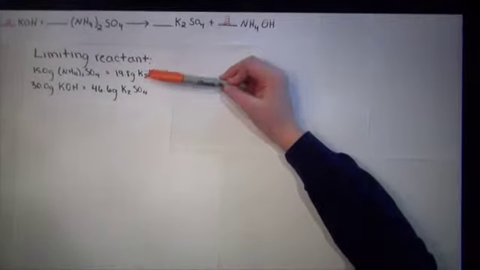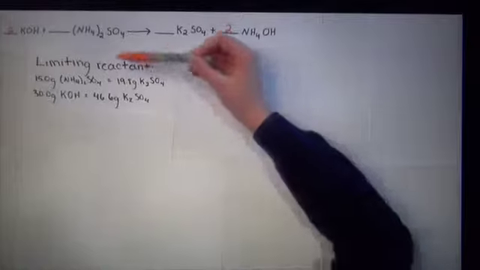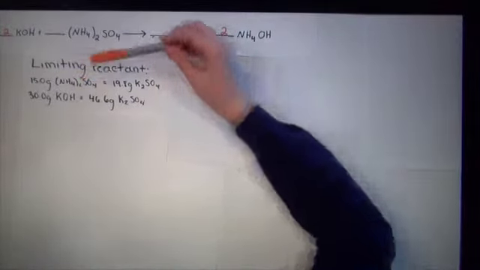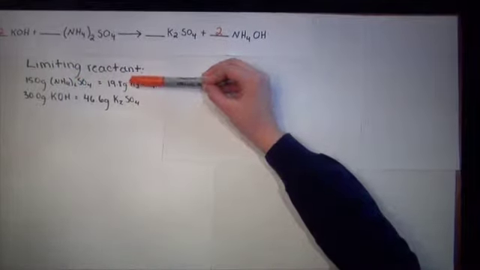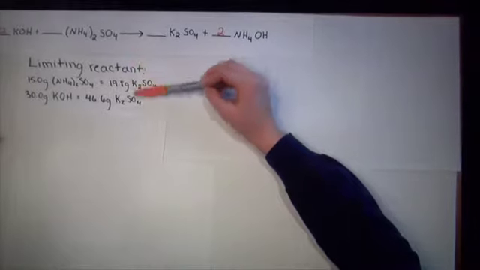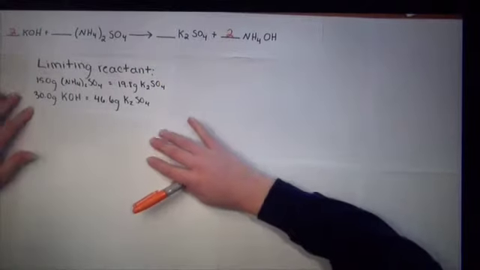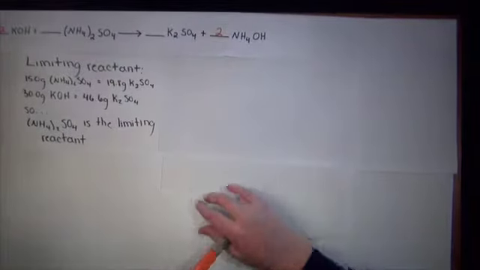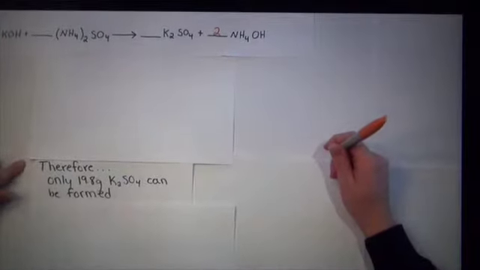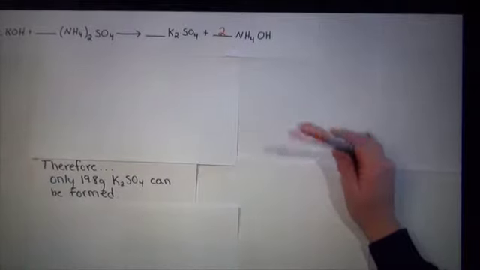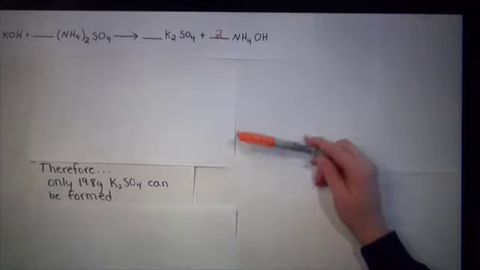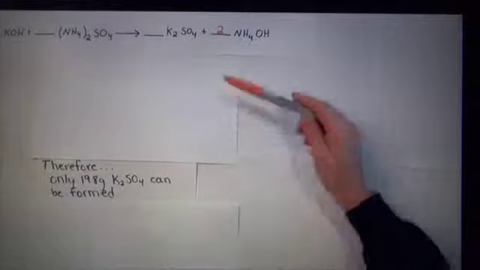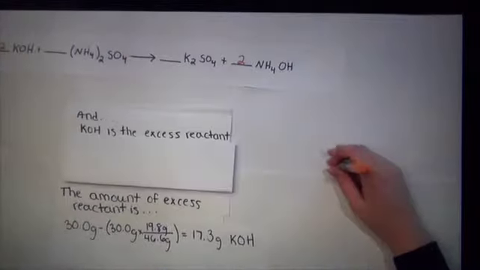So the one that limits this equation would be the ammonium sulfate, because it gave us the least amount of potassium sulfate. Therefore, ammonium sulfate is a limiting reactant. Therefore, only 19.8 grams of potassium sulfate can be formed due to the limiting reactant of ammonium sulfate.